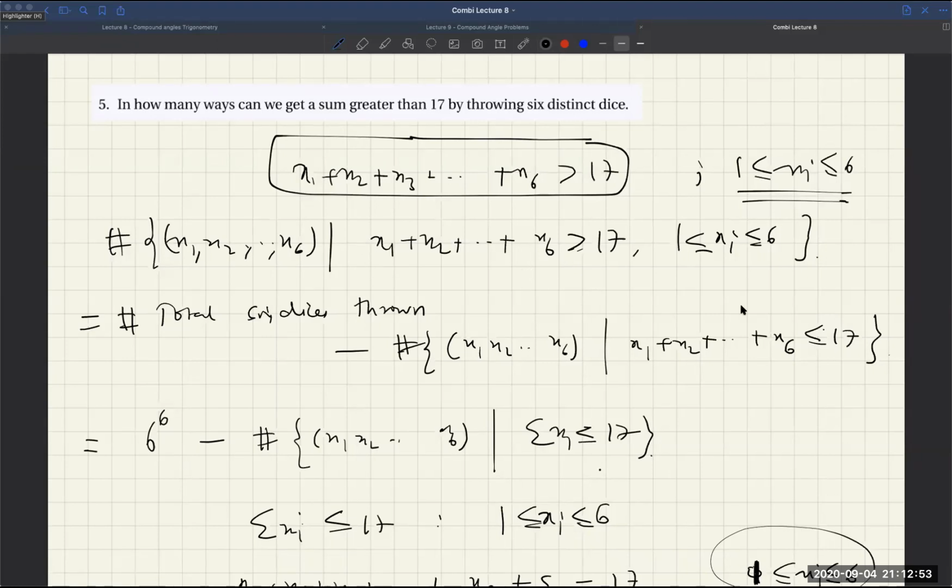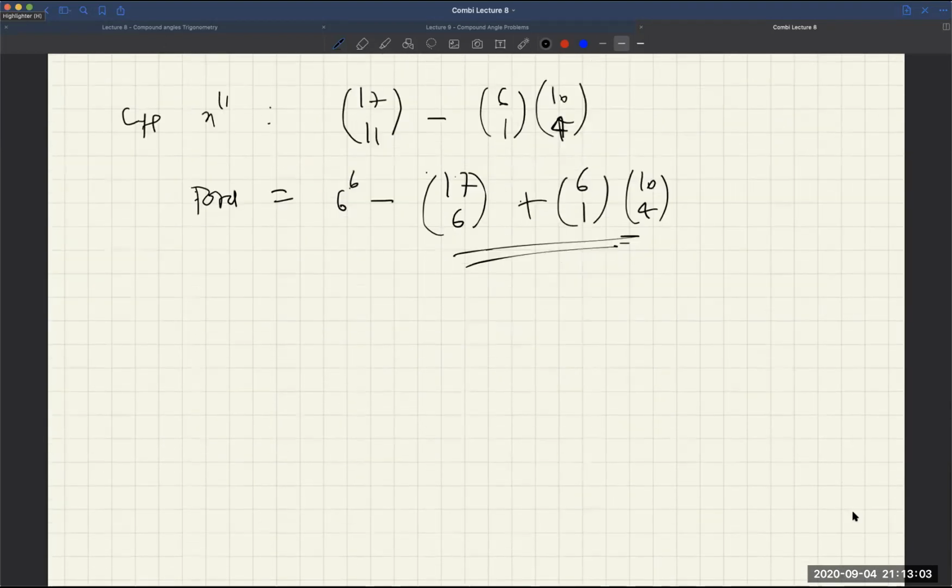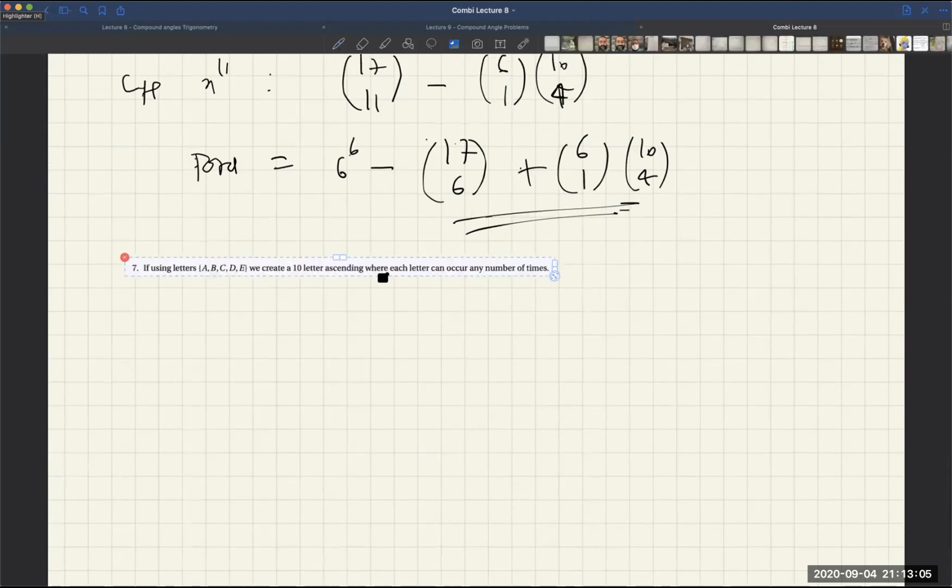Okay, and the last problem which I stated but I didn't write it. I think it seemed to be an incomplete question. The last question was this. If at all it can occur any number of times, then how do we solve this problem?